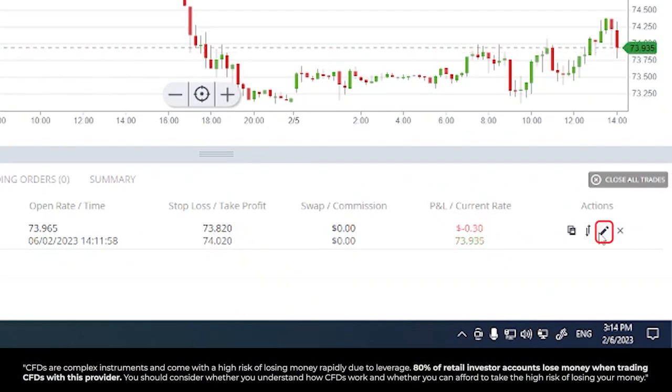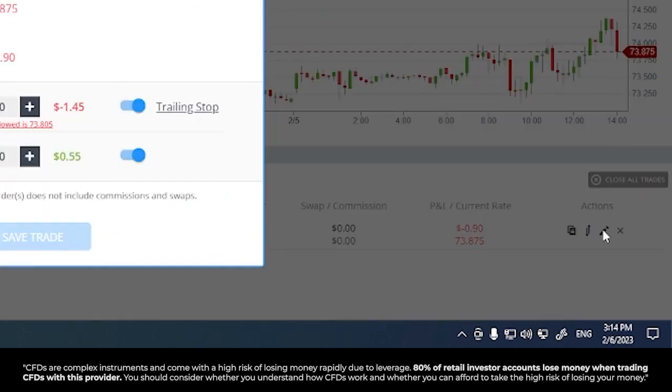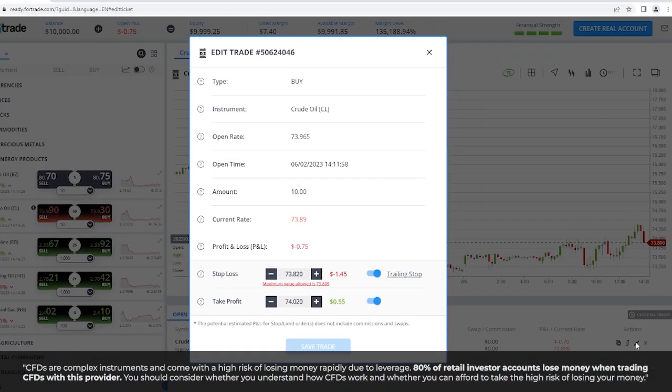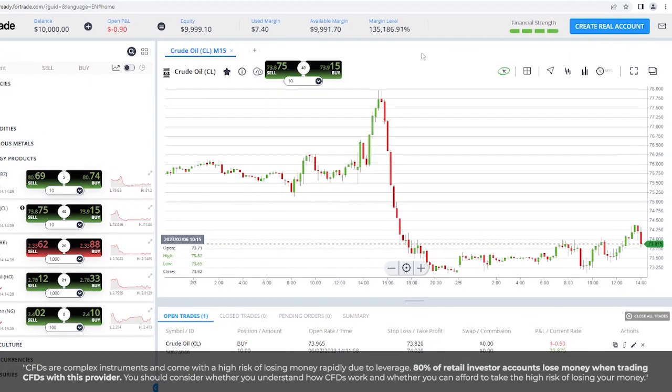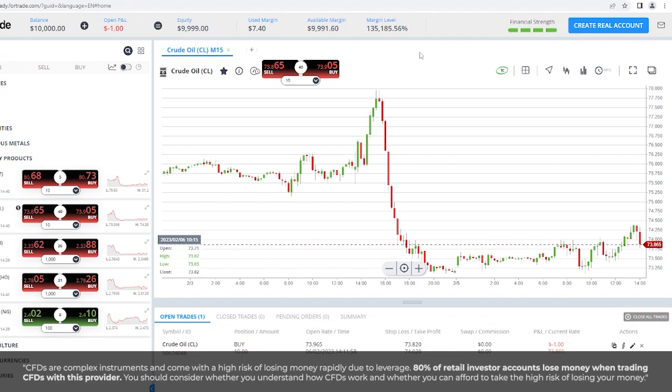Once you open your position, you can always make adjustments and edit it by choosing the Edit Trade option. In this menu, you will see details about your trade and can alter your stop loss or take profit levels. Returning to the main screen, on the right, you have the option of Close All Trades button.